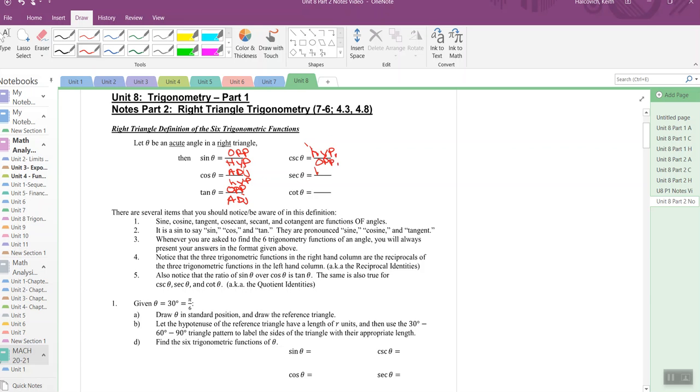And then secant is hypotenuse over adjacent. And cotangent is adjacent over opposite, right? And remember, that's in a right triangle where theta is one of the acute angles, so you would have adjacent, opposite, and the hypotenuse is always opposite the right angle.